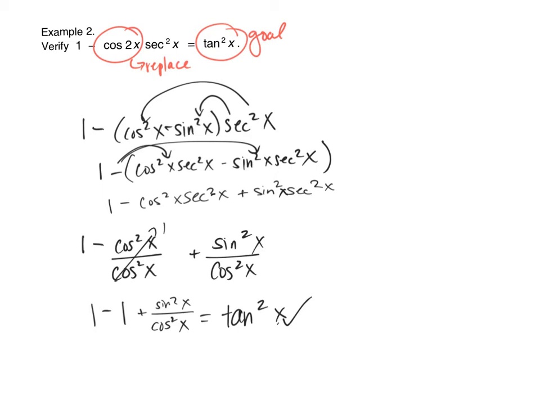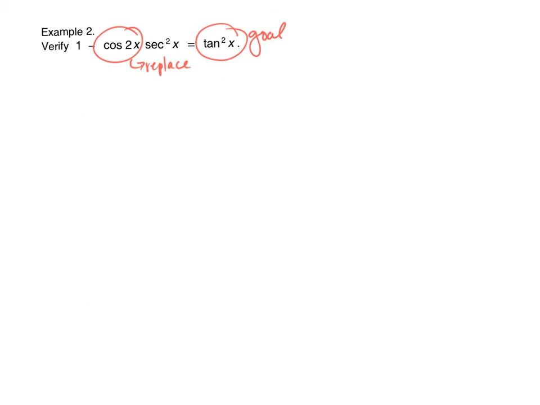Now, let's do this again, but with the second cosine identity. Again, we start with 1, but now we're going to replace our cosine of 2x with 1 minus 2 sine squared x, and then secant squared x stays there. Again, I'm going to distribute secant, and I'm going to distribute the negative at the same time in this one. So this becomes 1 minus secant squared x.